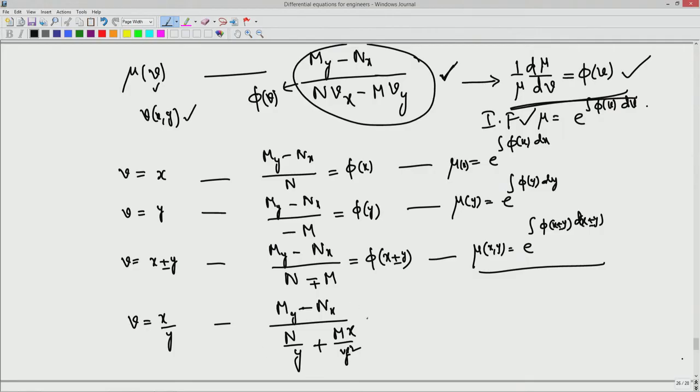This whole thing should be some function of x by y, then only can you get your integrating factor mu of x y as e to the power integral phi of x by y d of x by y. Okay, I can easily integrate.